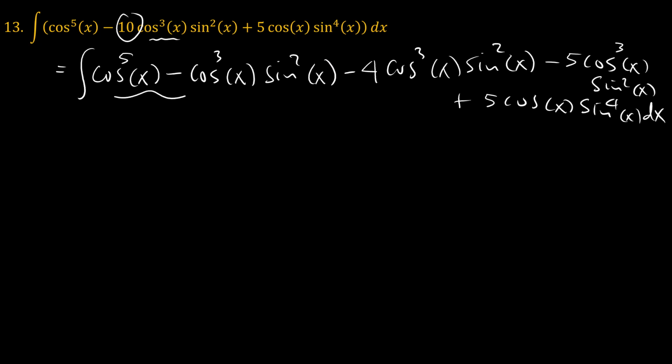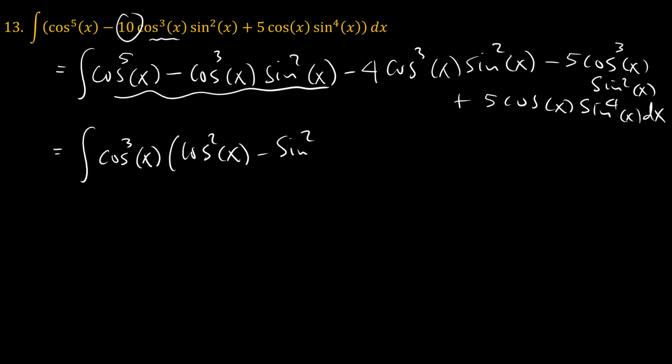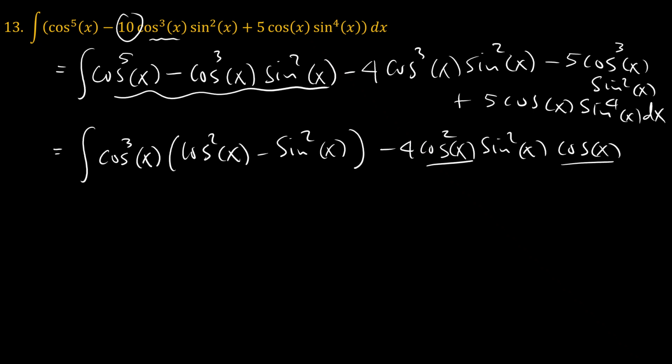Okay, so let's combine that for a minute. So we pull out cosine cube x, and we have cosine squared of x minus sine squared of x. Okay, then we have 4 cosine squared of x sine squared of x, and then I have remained with cosine of x here, so that this and this become cosine cube x.